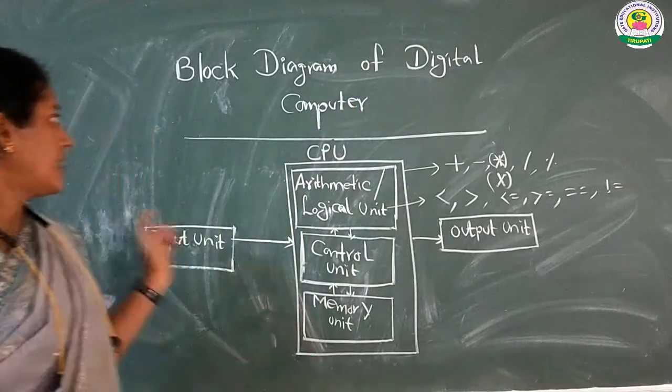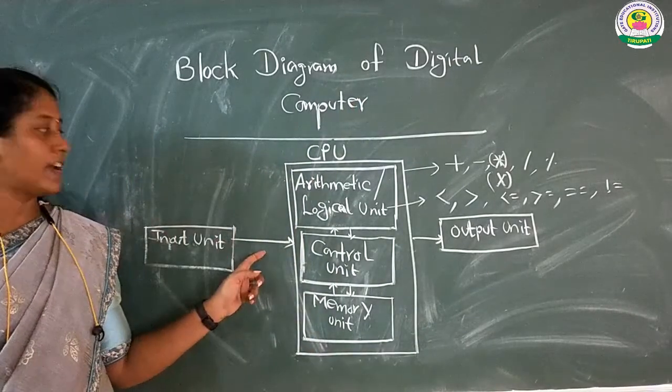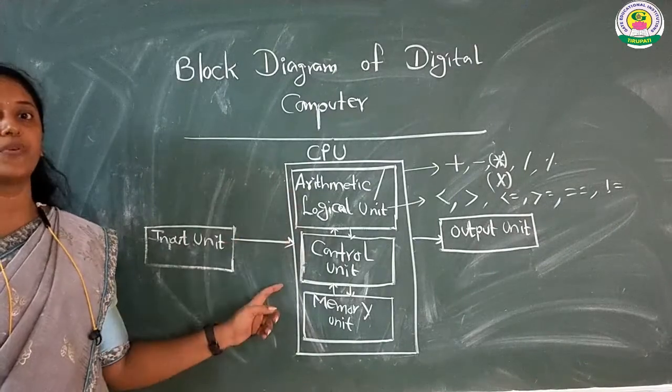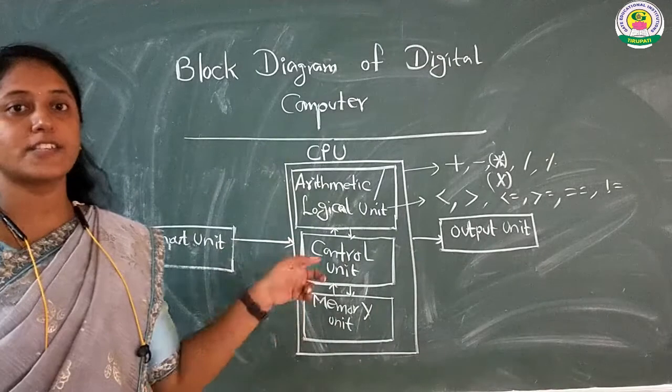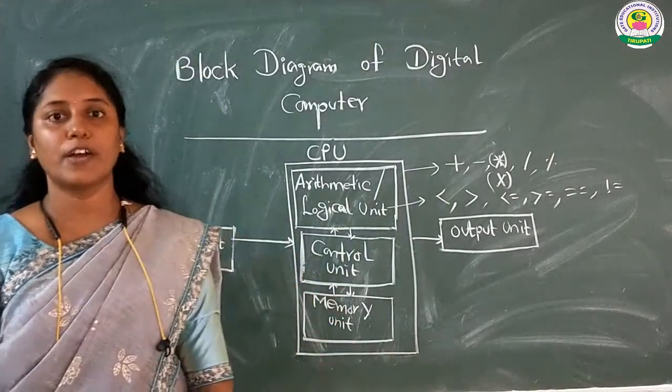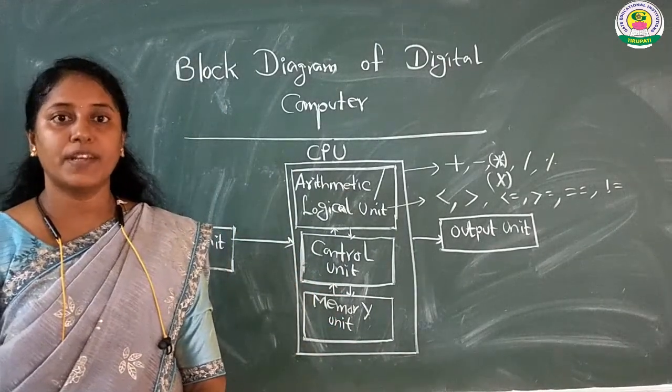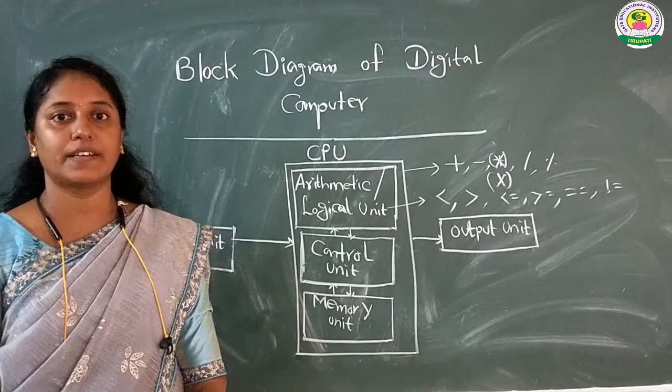If you look at the board, I have drawn it all. This is also called a model of a computer, the block diagram of a digital computer. In this concept, we are going to learn the different components connected to the computer.